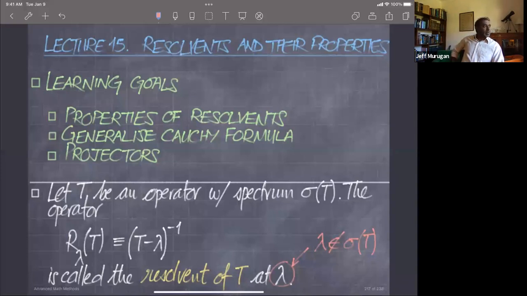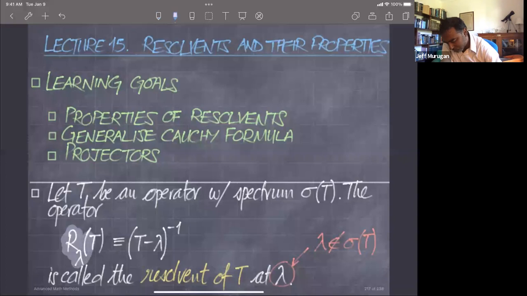Now, you recall the way we defined, operationally anyway, the Green's function associated to a particular differential equation. The Green's function was defined as the operator inverse of the differential operator. So it makes sense to think that perhaps the resolvent operator might be related in some way to the Green's function associated to the differential equation T psi equals lambda psi, or whatever.